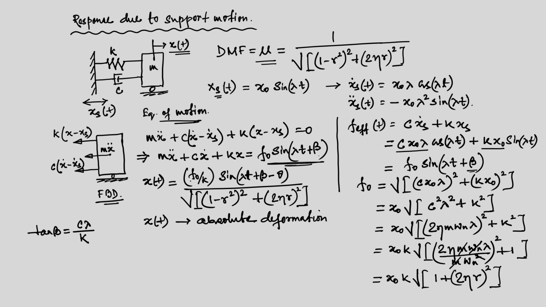Now, in place of F naught, we can write down the expression that we have derived here. So, what we will get for x of t, in place of F naught, if we write x naught k, that k will get cancelled.